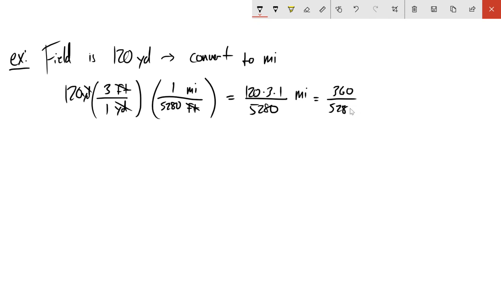Then you divide it by 5,280, and that would get you back to the same answer that we got by doing it in 2 steps. So the unit canceling allows you to do multiple conversions at a time. That's the advantage, which is nice when you're trying to make a more complicated conversion.